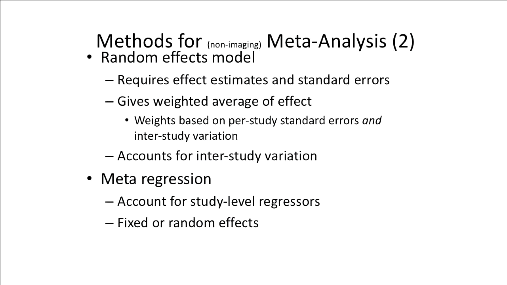And then there is a random effects model approach where you say, additionally, I believe that each study is coming from a slightly different population, and there is important study-to-study variation. And then finally, something else that we don't really have a lot of in brain imaging is meta-regression, if you've read the traditional meta-analysis literature, where you try to account for factors that might explain variation between studies, for example the year of publication, or the subdomain in which this research was carried out.